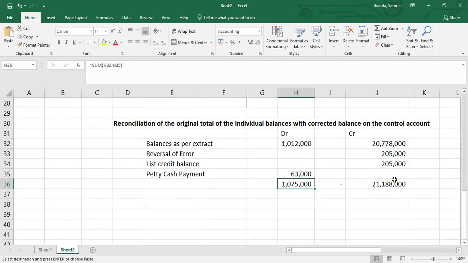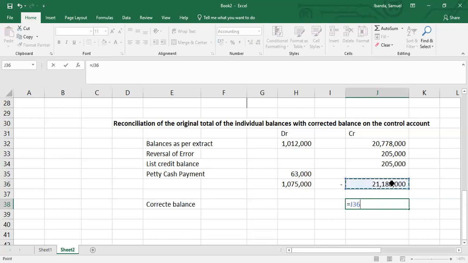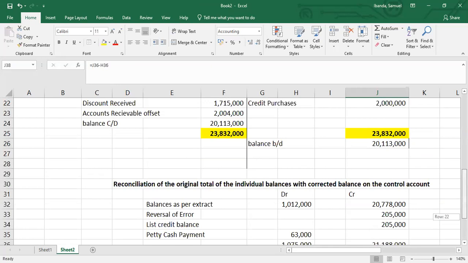Now, if we have a debit balance and a credit balance, and we are balancing off, we can say corrected balance. If we want to get the net balance, basically what we are going to do is get the credit side and less the debit balance.